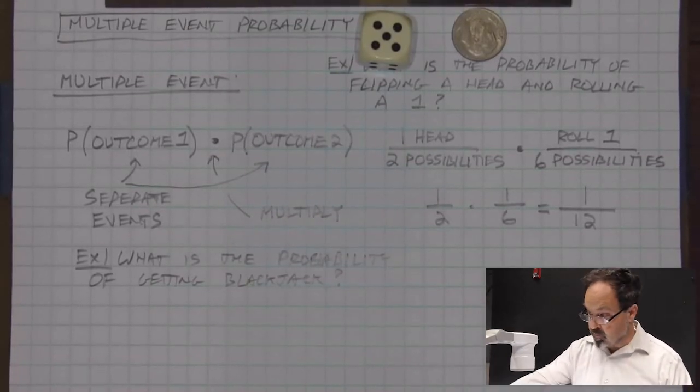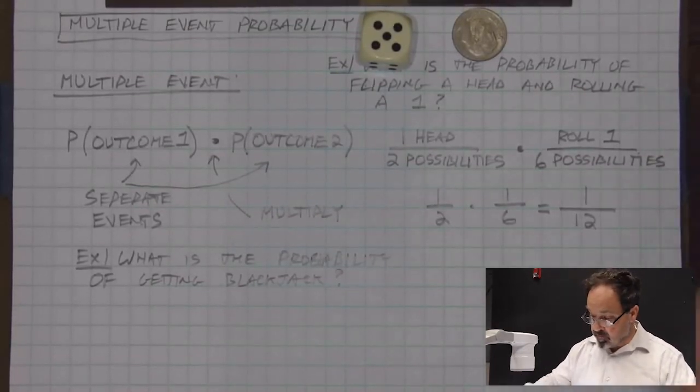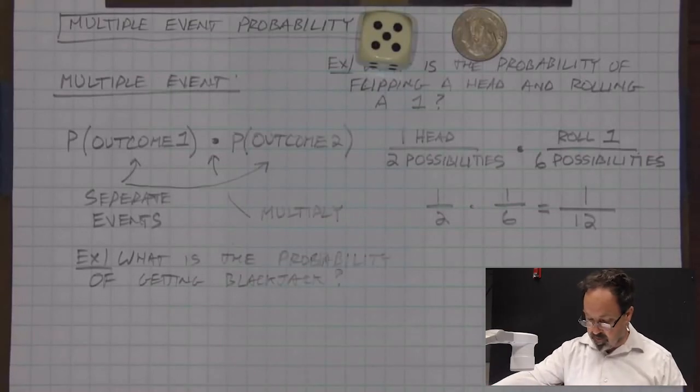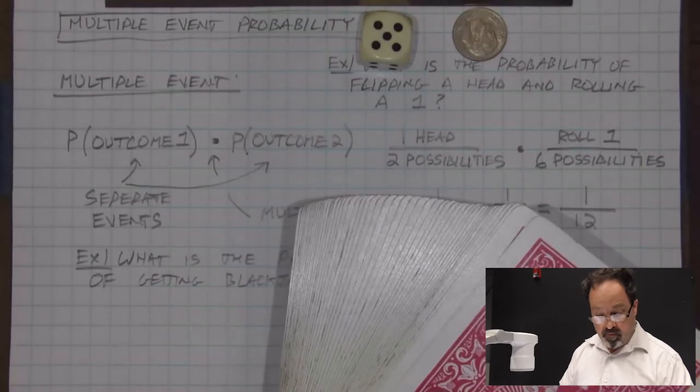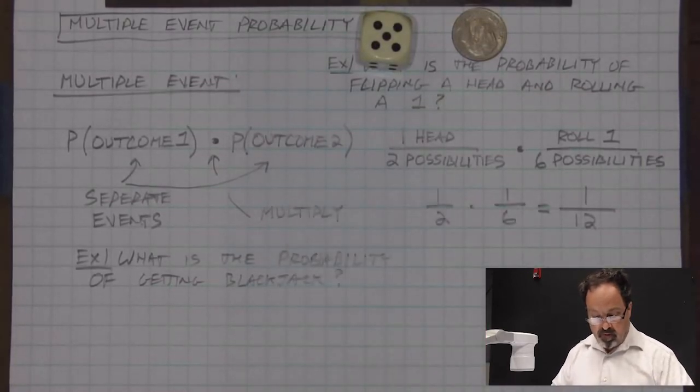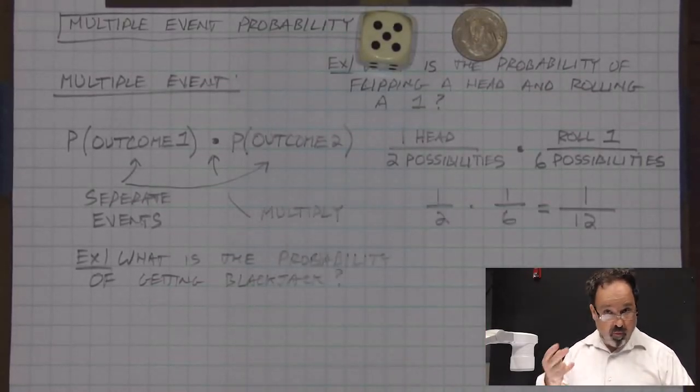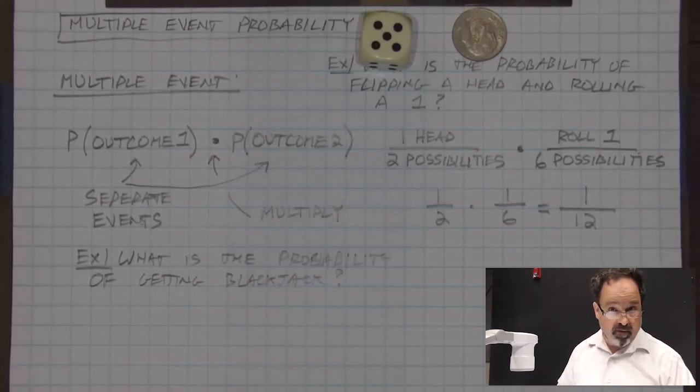So we won't review the game in its entirety, but getting blackjack from a common deck of cards means getting 2 cards, one of which is a face card, and the second of which is an ace. So what is the probability of getting a face card and an ace at the same time if you draw 2 cards from the 52 cards?